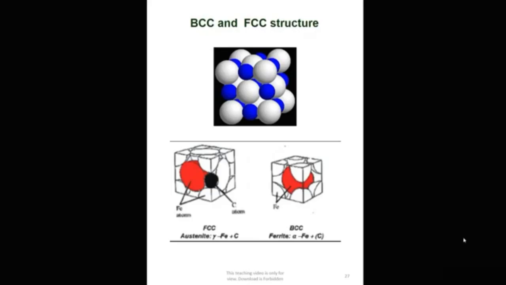Okay, now we start to discuss the BCC and the FCC structure. As I taught before, the FCC structure forms at a very high temperature.